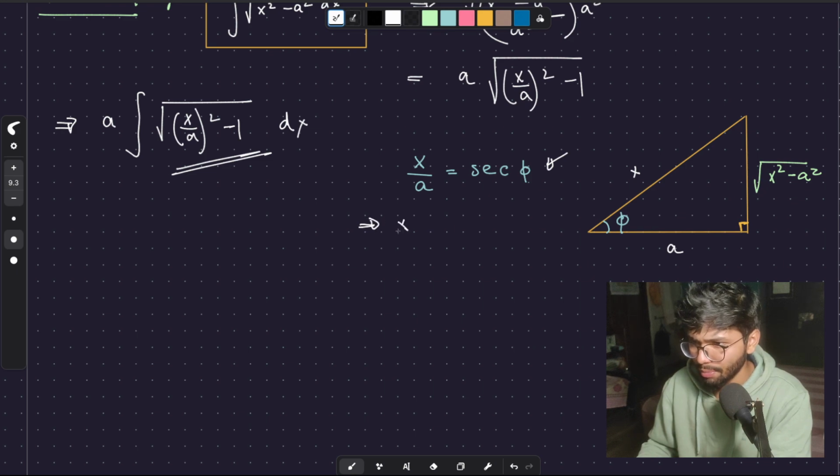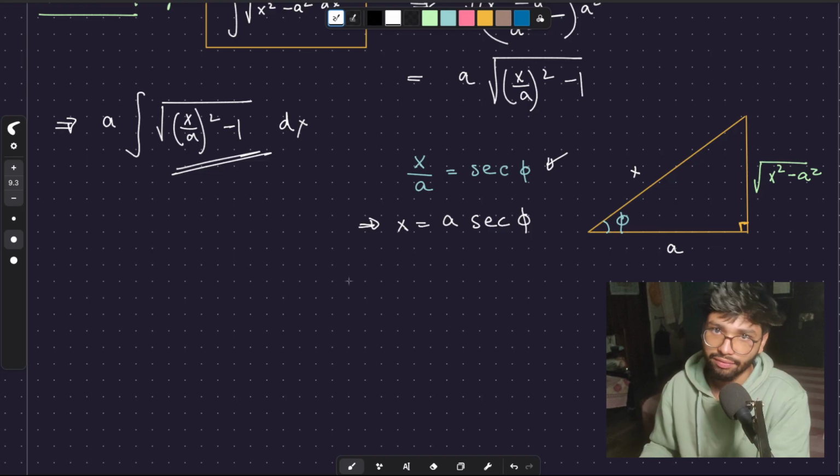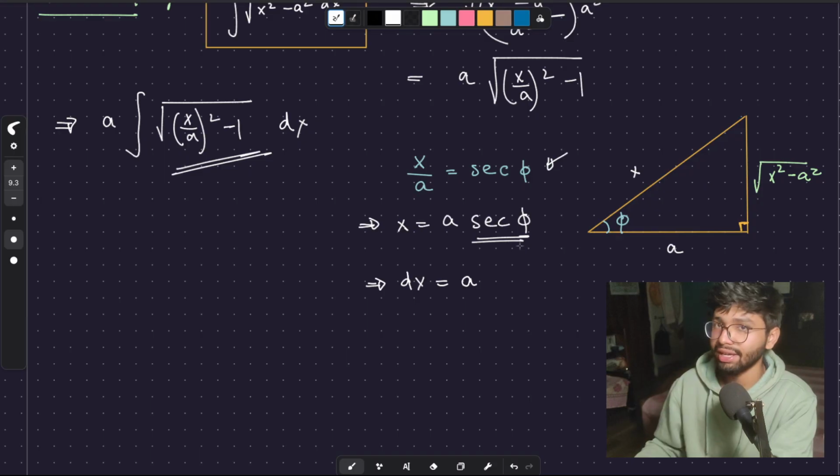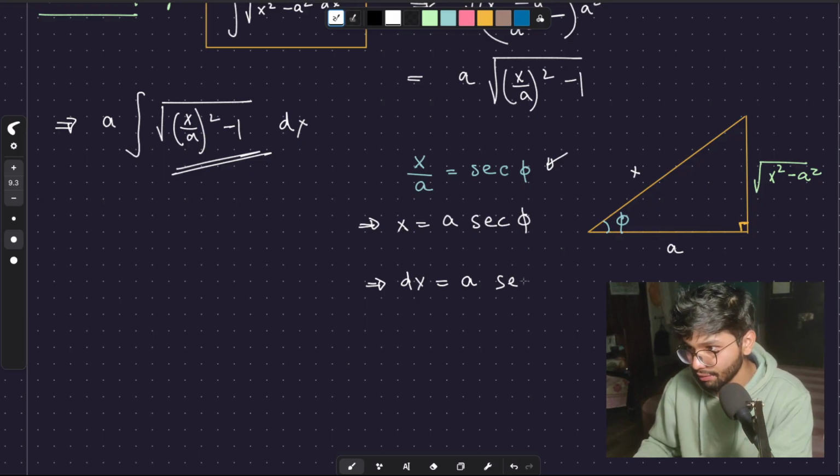So what's it going to be? x will equal a secant phi, then dx is just the derivative of the whole thing. The constant will stay constant, but what's the derivative of secant of phi? That's secant of phi times tangent of phi, and we're just doing d phi right here.